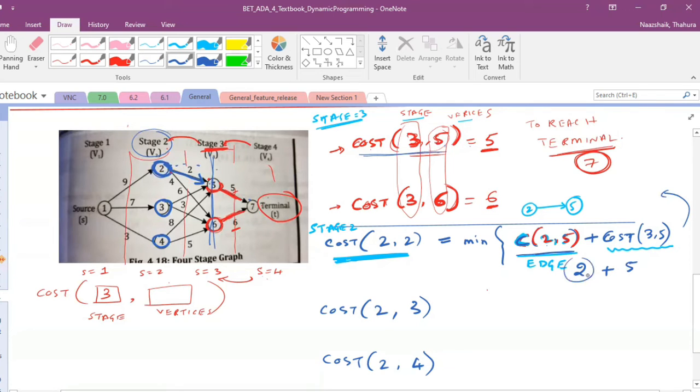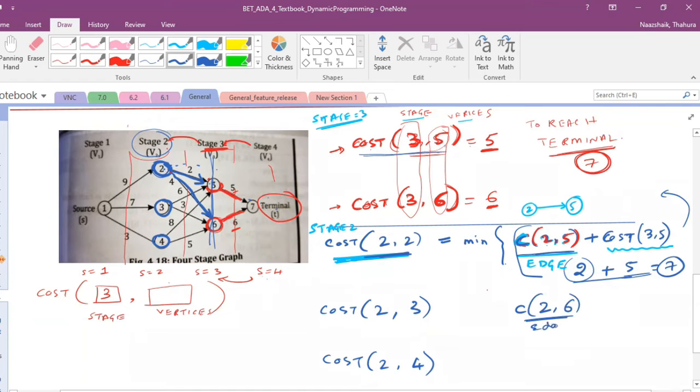This is what you need to understand. The first one will be the edge. The second one will be what you have previously calculated. So this cost is what? 7. Okay. This is one option. We are evaluating from 2 to reaching the terminal. This is option number 1. There is another option, right? You can go from 2 to 6, and you have to evaluate this also. So you will say the direct cost of the 2 to 6 edge.